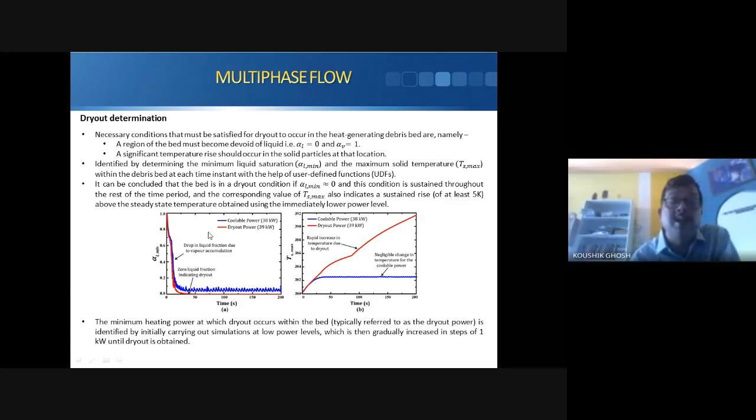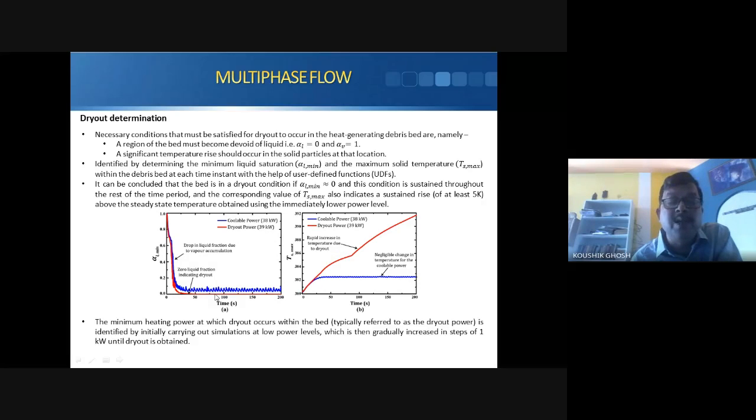Now you can see here, we have simulated the dry out power in two situations. With 38 kilowatt, the liquid void fraction is very small, close to 0.05. The moment we add another 1 kilowatt, 39 kilowatt, this becomes 0.